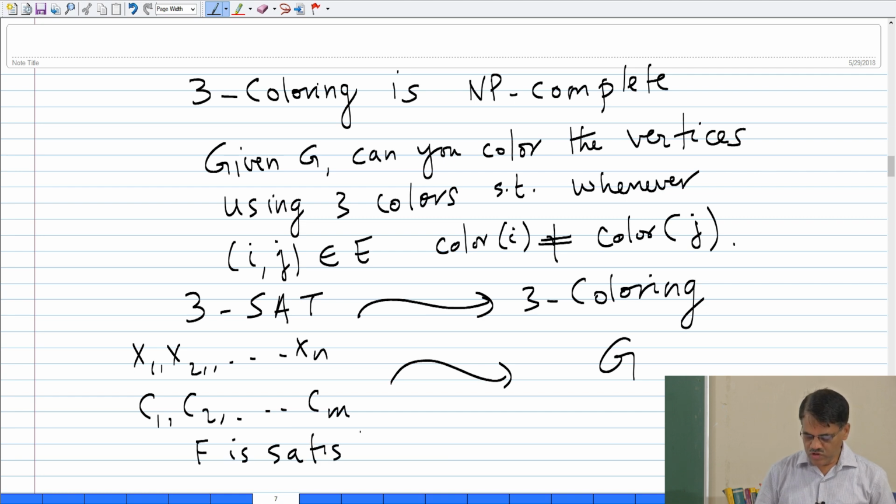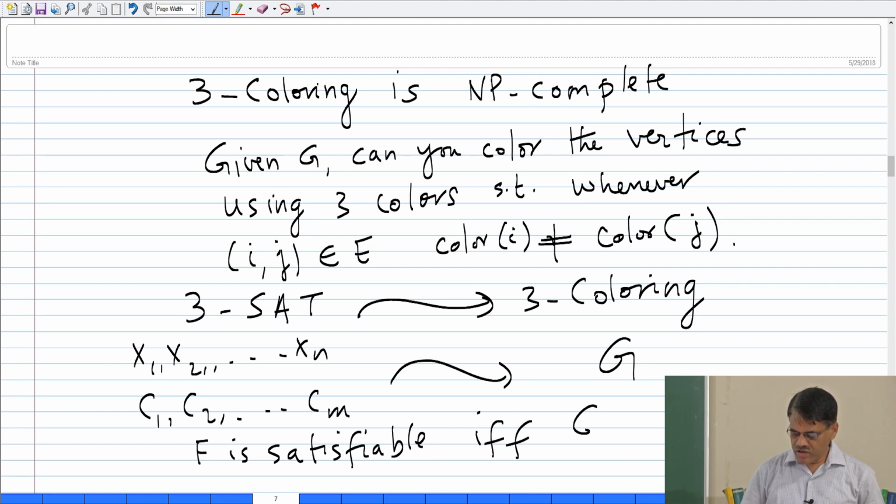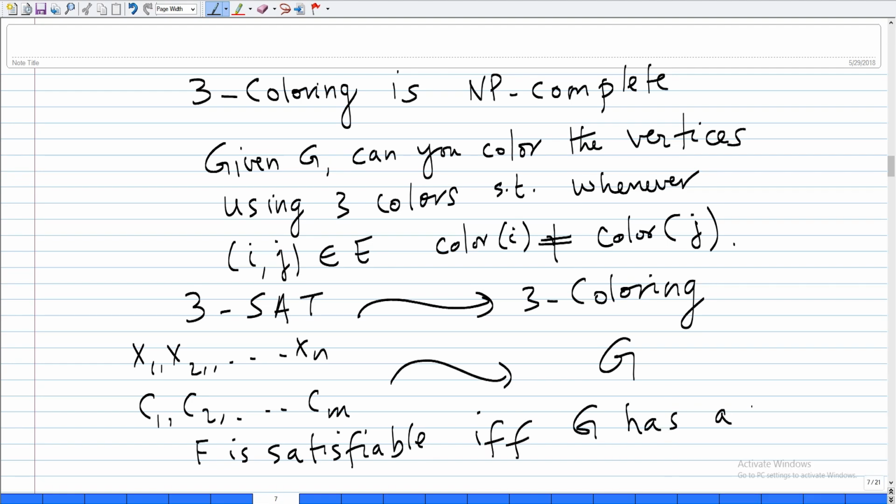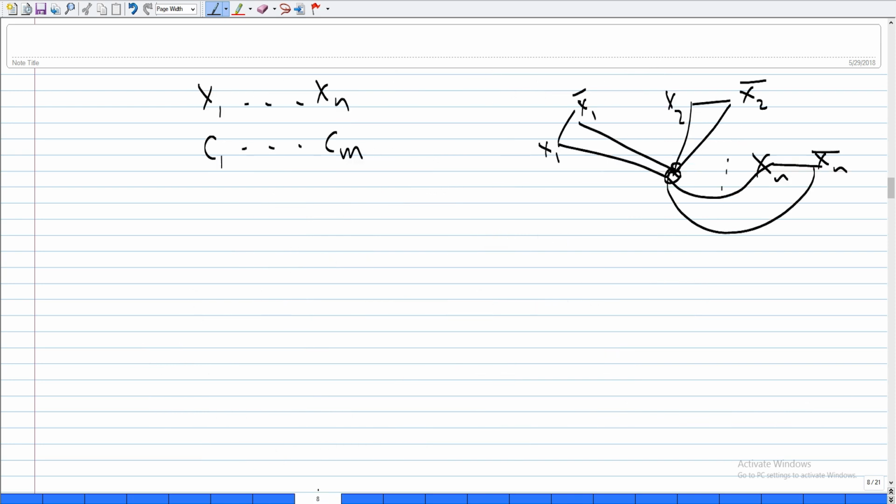I want to construct my graph in a way that, from a 3 coloring, I want to be able to get a satisfying assignment.